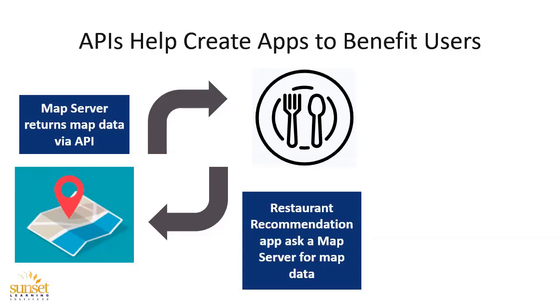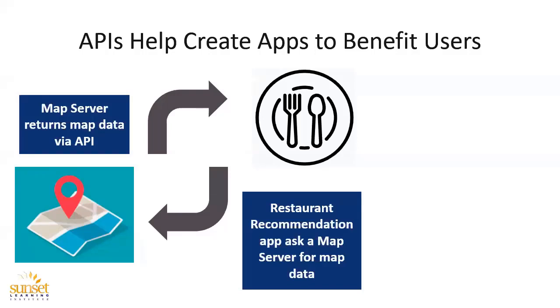The problem is we would have to go out and create our own program, our own map, and that's not really our business. So we would have to create some type of framework that has restaurants and maps, and that's not exactly what it is we're trying to accomplish.